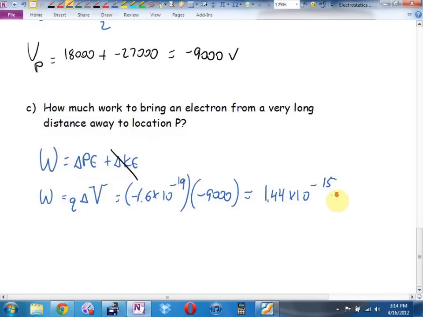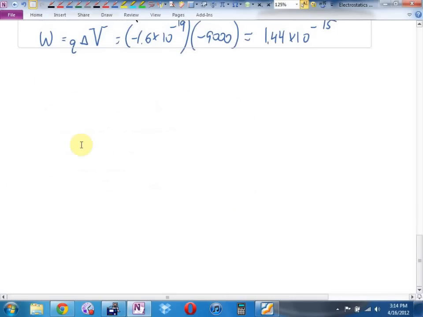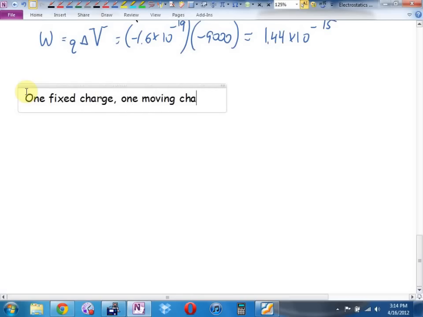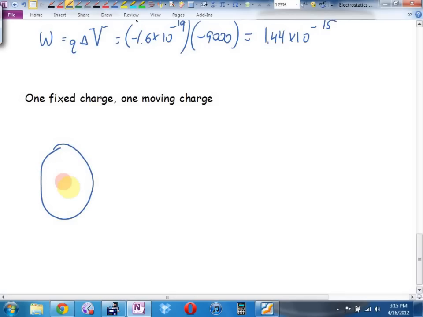Okay. What about one fixed charge, one moving charge? For example, here's a big charge, negative 12 millicoulombs.